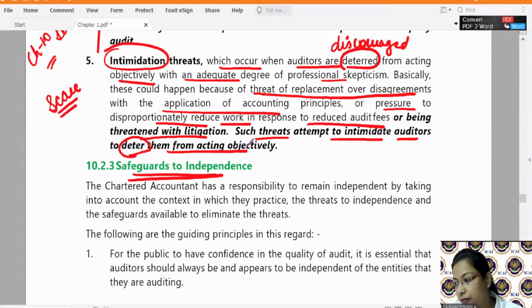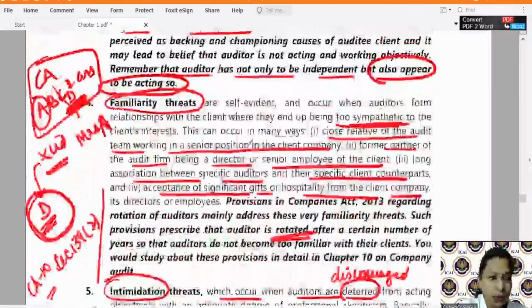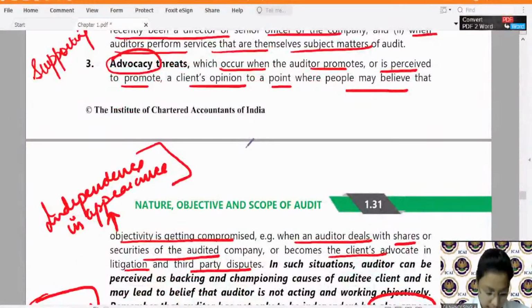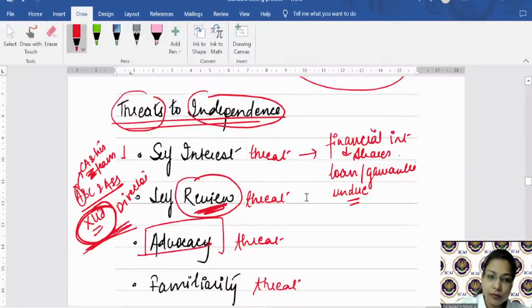ठीक है, ठीक है. So Ayush is saying, मैम advocacy threat दोबारा समझा दो. So I'll do that. देखो advocate कौन होता है? जो अपने client को support करता है ना? Advocate. Okay. So let's try to understand this with the help of an example.